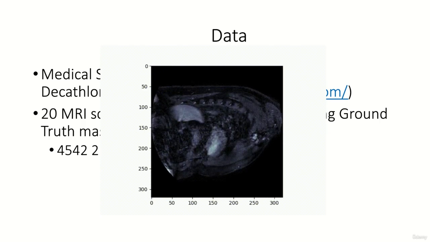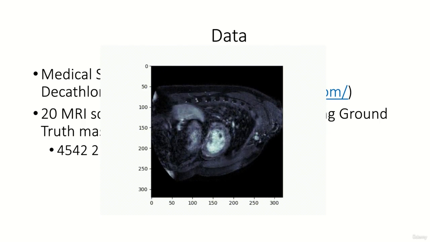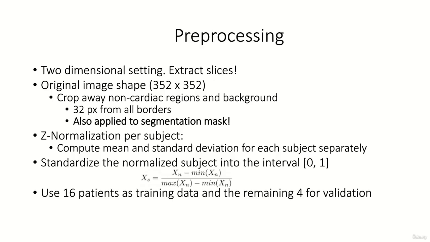Now, let us take a look at the necessary pre-processing steps. In general, there are two ways we could tackle this problem. The first possibility is to work in the three-dimensional setting by using 3D convolutions. However, using three-dimensional convolutions is extremely memory-hungry and computationally expensive.